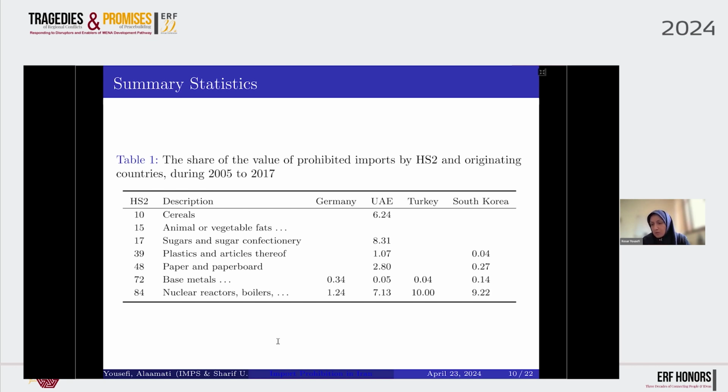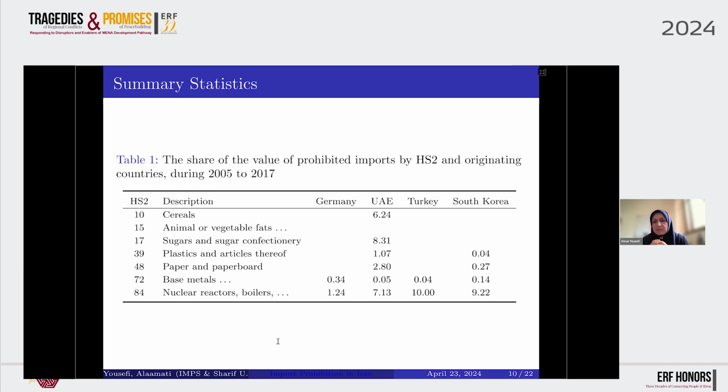Also, such data doesn't contain unofficial products that are exported and at the same time unofficially imported. So such data contains some errors, but when we're talking about illegal activities, by nature, it's very hard to measure it.